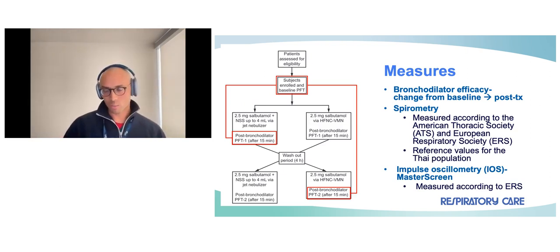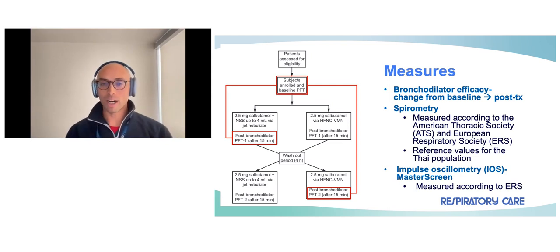In a little bit more detail, we're going to look at the measures they took. The investigators were interested in looking at bronchodilator efficacy, which is the ability for pulmonary function to improve from baseline to post-treatment.